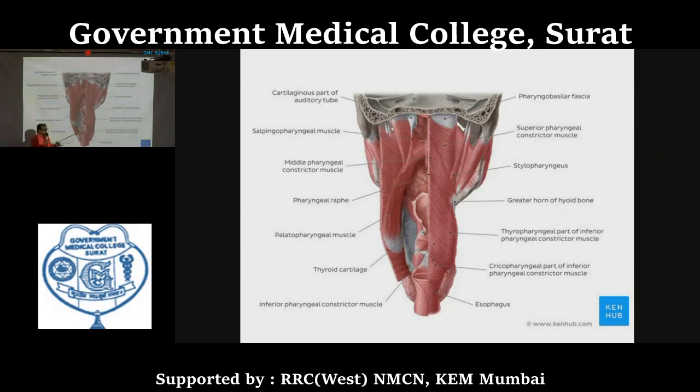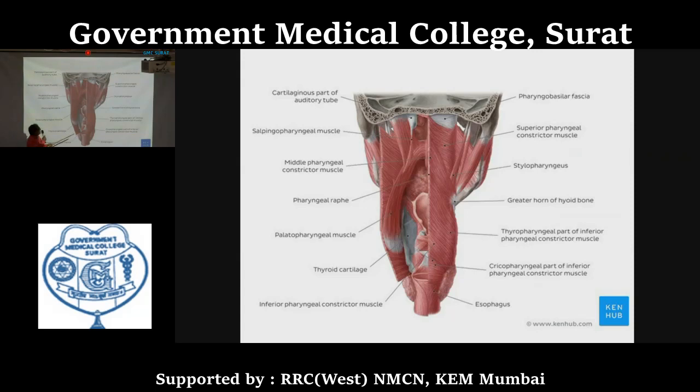So the fibrous coat is basically thin, deep to the muscle, but in this upper part, where the muscle is deficient between the upper border of the superior constrictor and the cranial base, the fibrous coat is especially thickened.